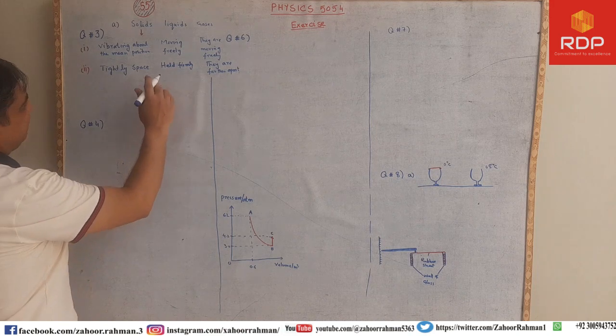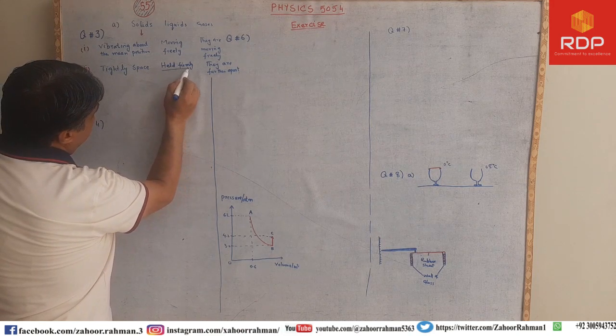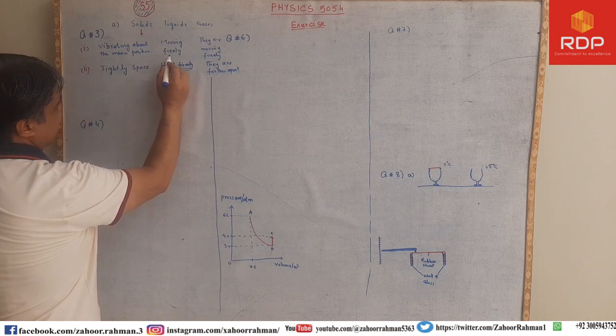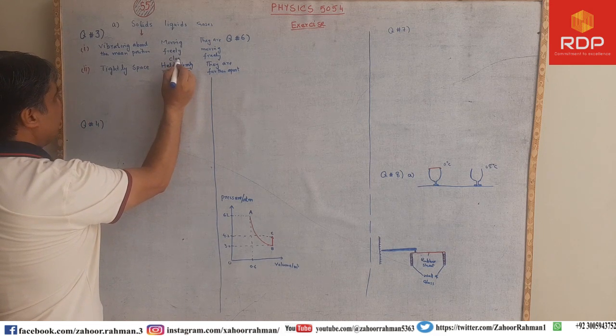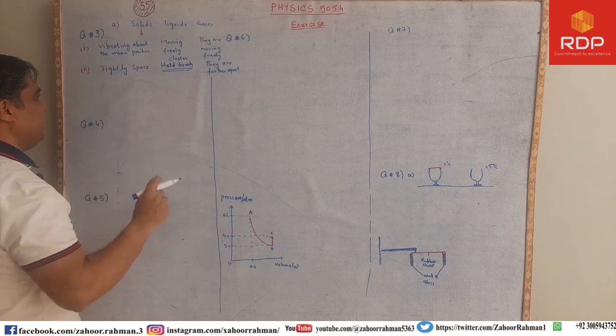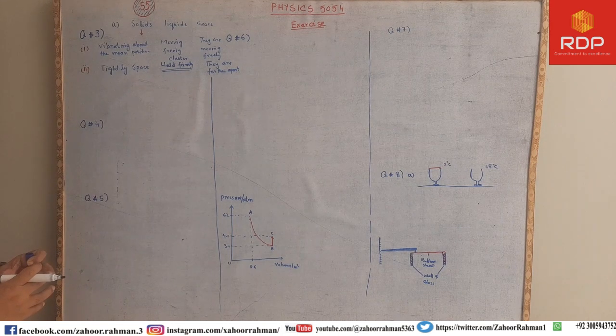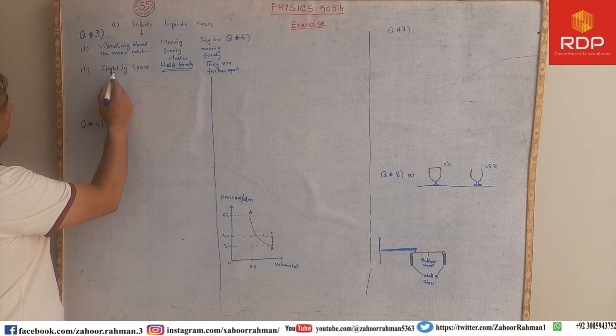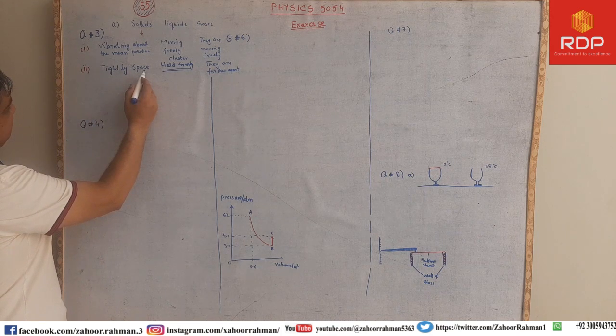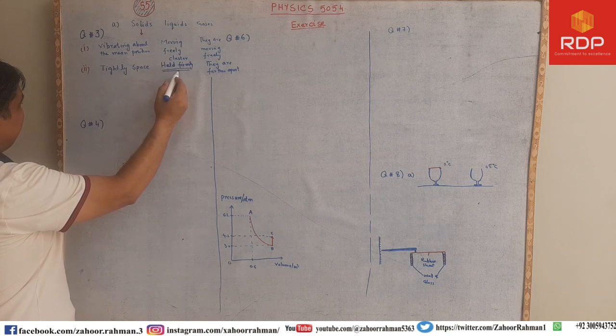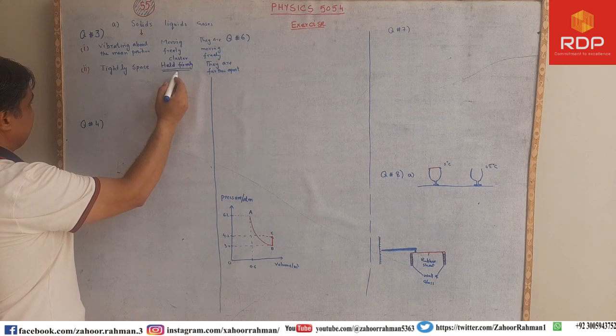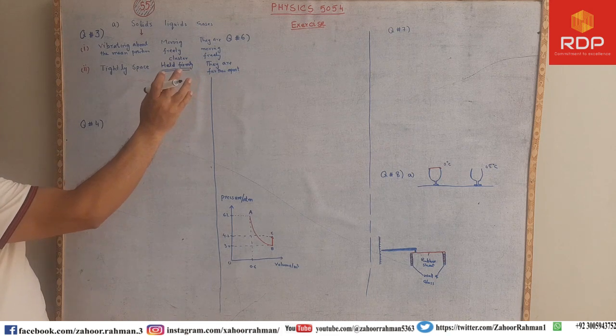In liquids, you can say they are in the form of clusters, so one cluster is holding the molecules firmly together. Here the clusters are tightly spaced and the density is more.